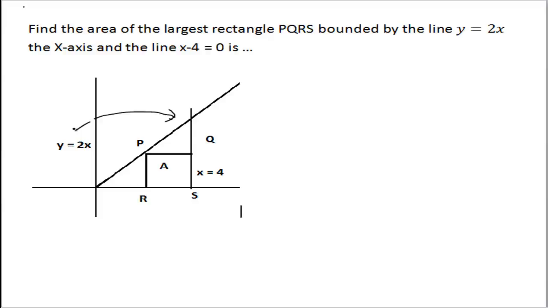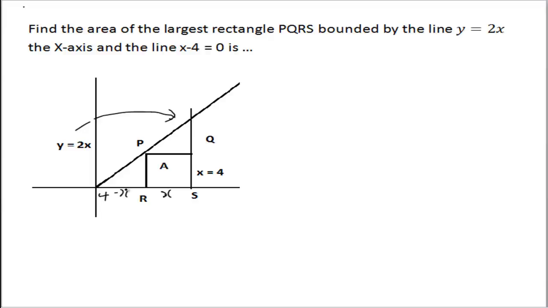So what we need to do now is try to maximize this area. We know it says x is equal to 4, so the coordinates here are 4, 0, so that distance is 4. So if we let this part here be x, then that part is 4 minus x.